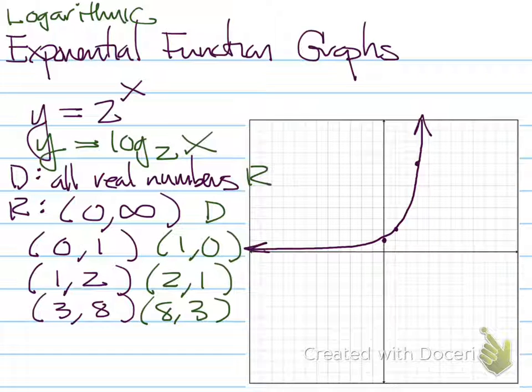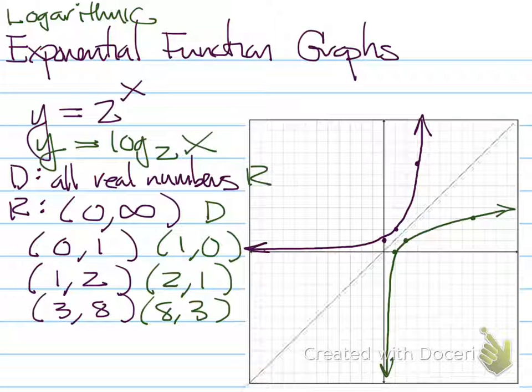And the coordinates will be interchanged. So what were the x coordinates are now the y coordinates. We graph those coordinates, we see the graph of the logarithmic function, and if we add the identity function, we see that it's a mirror image of the exponential function.